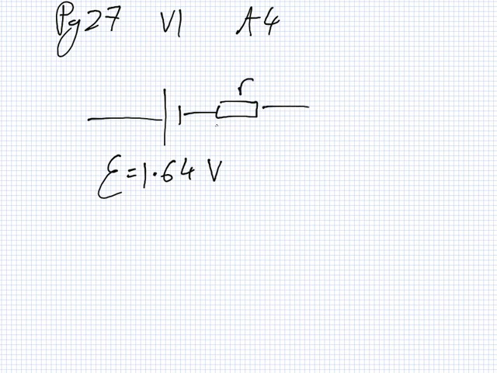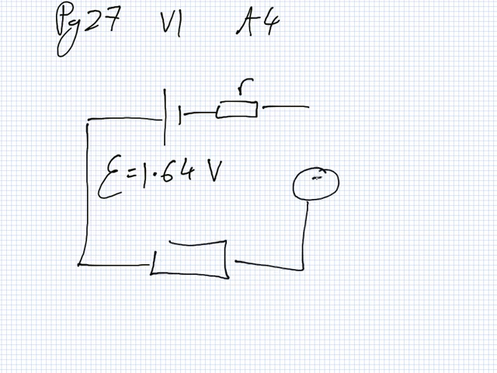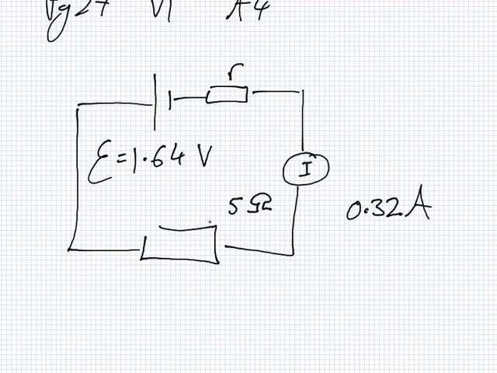So they're telling you what the current is at different resistors, and then they connect another resistor. The first question is to determine the internal resistance of the cell.